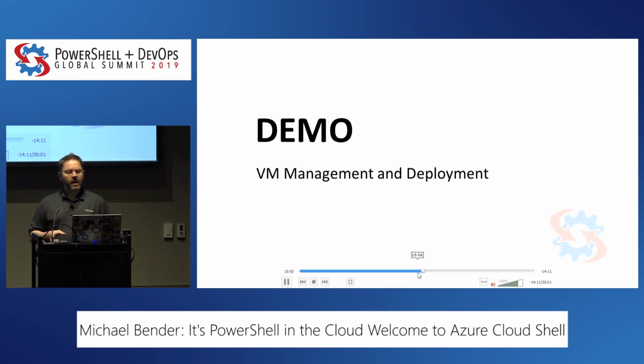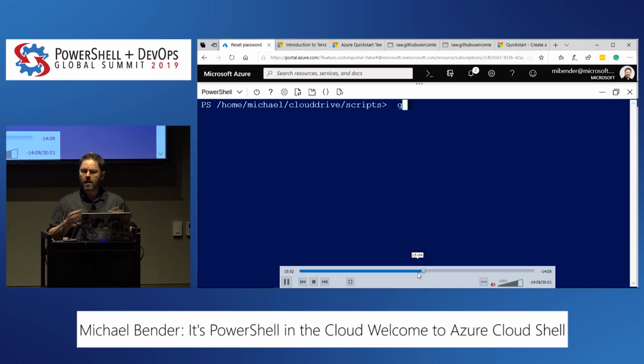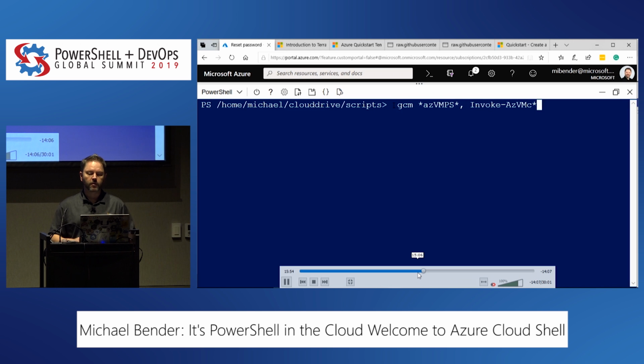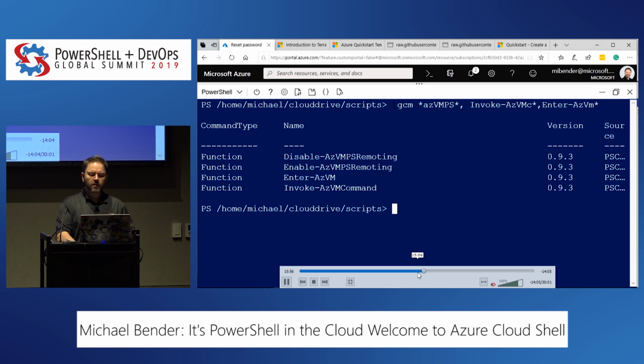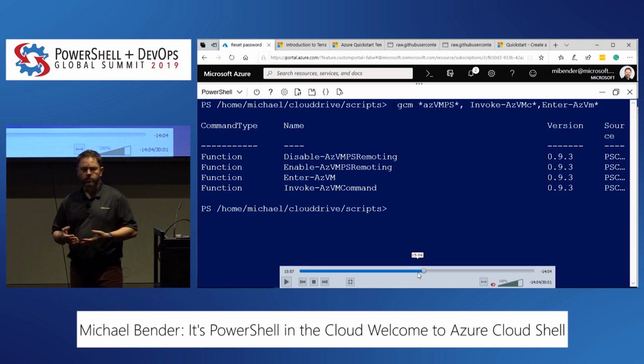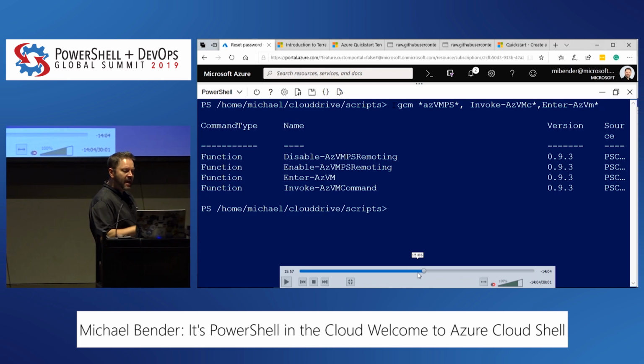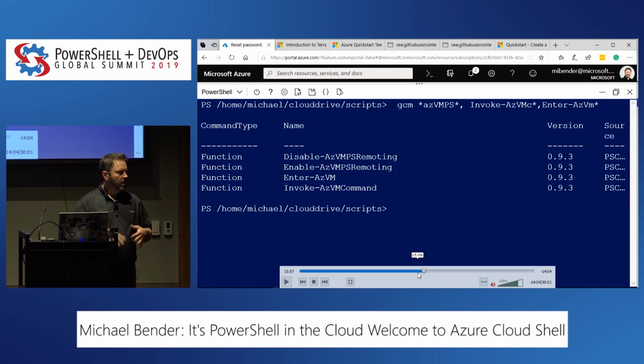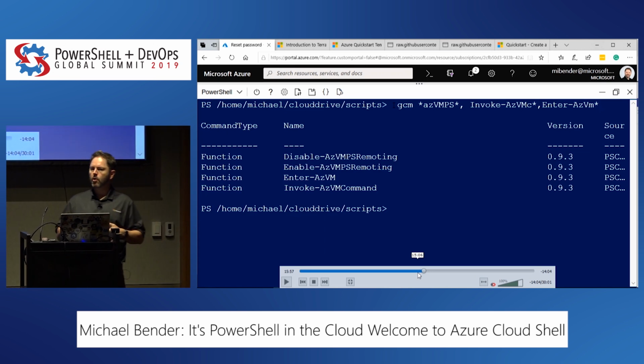Next thing we're going to take a look at is VM management and how to work with virtual machines. The first thing we're going to look at is the different commands that we need when working with virtual machines. So we have Enable and Disable-AzVMPSRemoting.